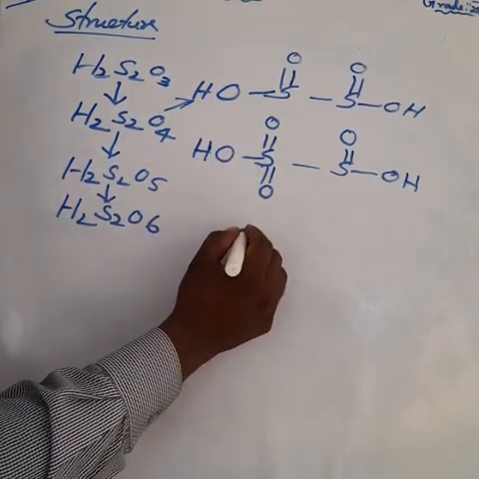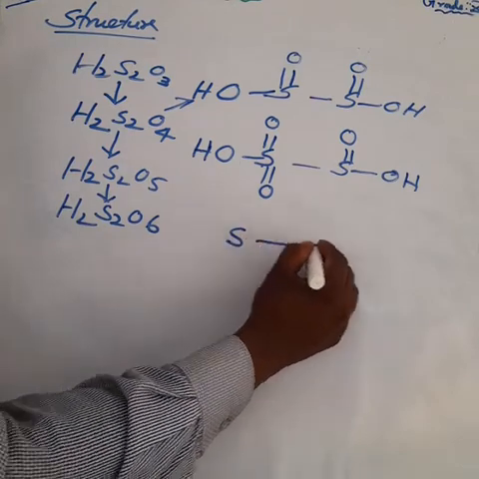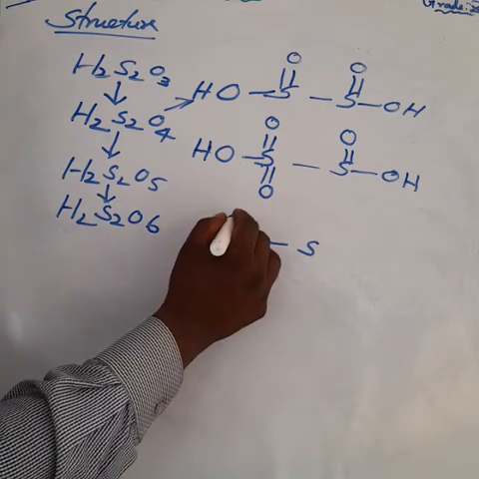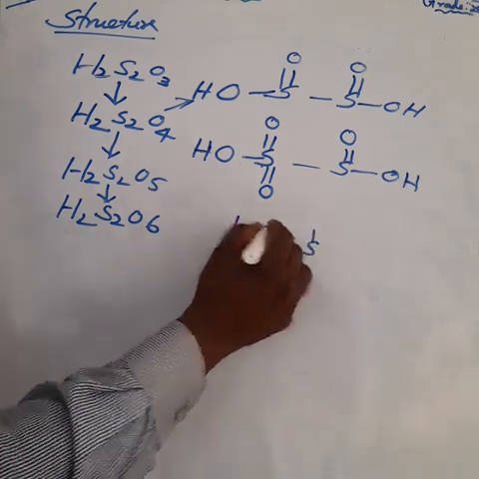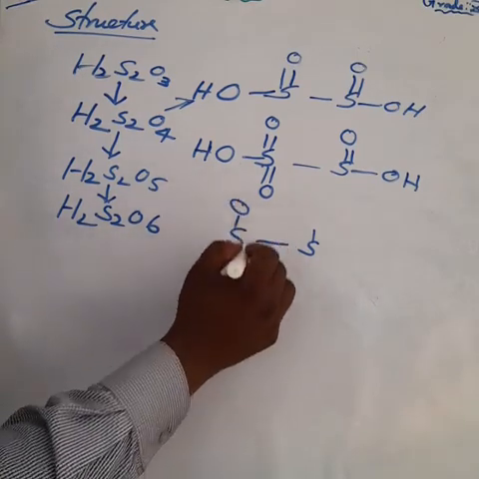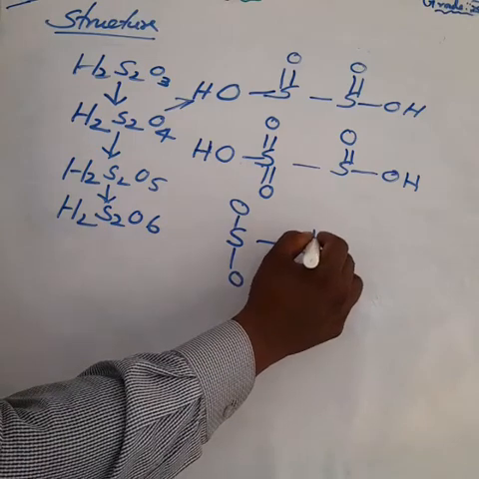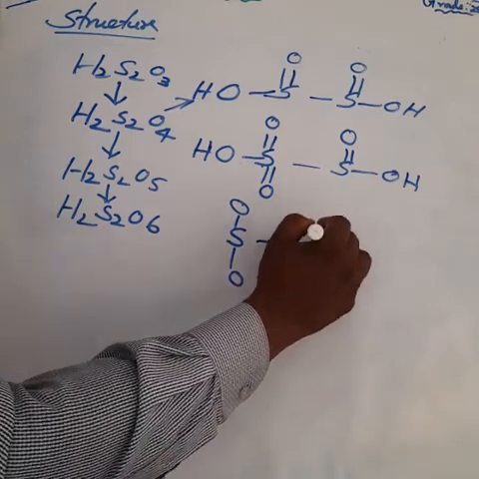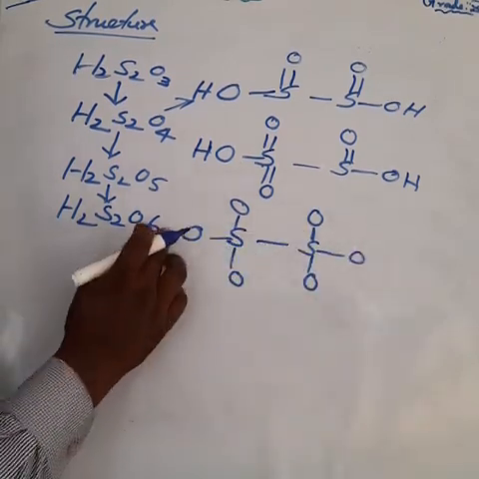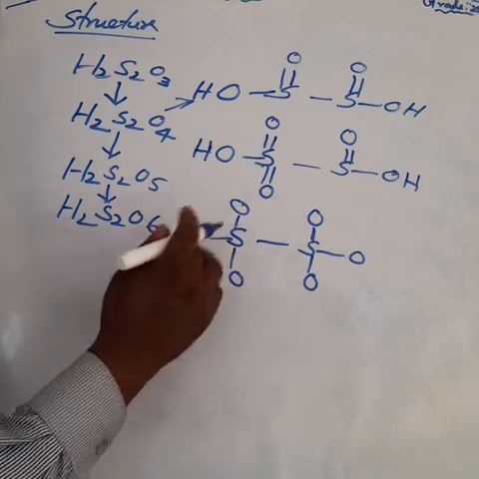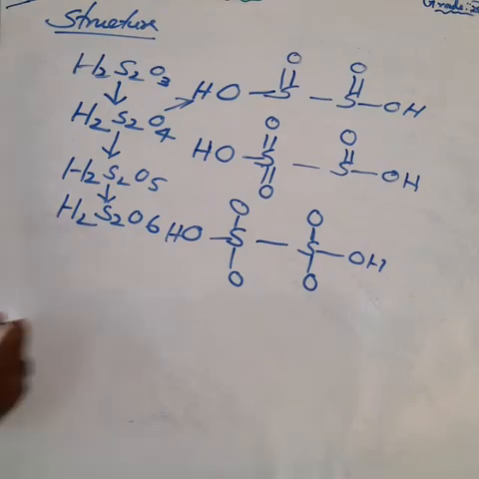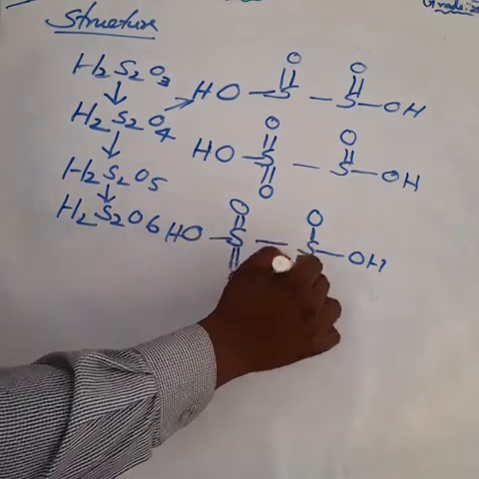First I am taking two sulfur atoms with a single bond. Next, how many oxygen atoms? Six. Above and below, I am adding two oxygen atoms each, then left side one oxygen atom and right side one oxygen atom. Next, two oxygen atoms along with hydrogen, left side and right side. So what is the sulfur oxygen bond? Double bond.